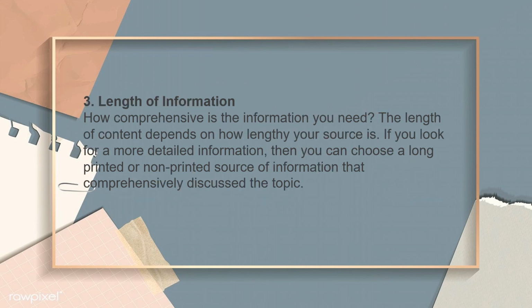Number 3, length of information. How comprehensive is the information you need? The length of content depends on how lengthy your source is. If you look for more detailed information, then you can choose a long printed or non-printed source of information that comprehensively discusses the topic.